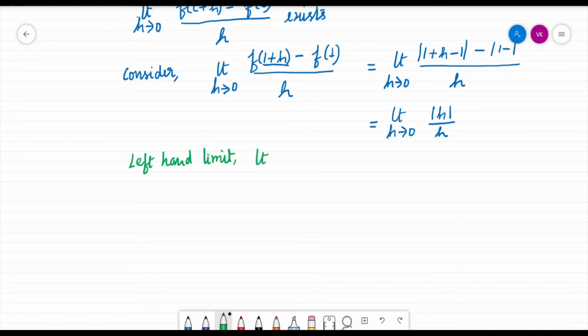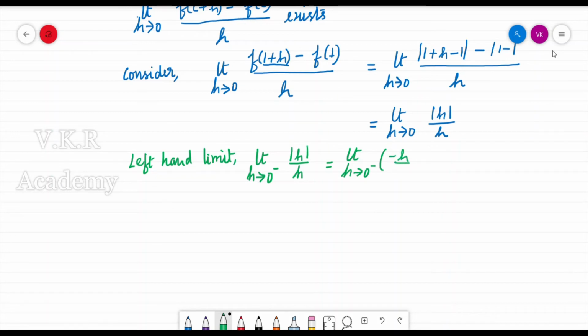That is limit h tends to 0 minus mod h by h, which is equal to limit h tends to 0 minus h by h, since modulus h is equal to minus h if h is less than 0. So that is equal to minus 1.